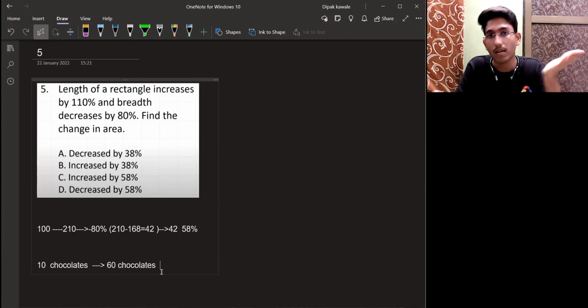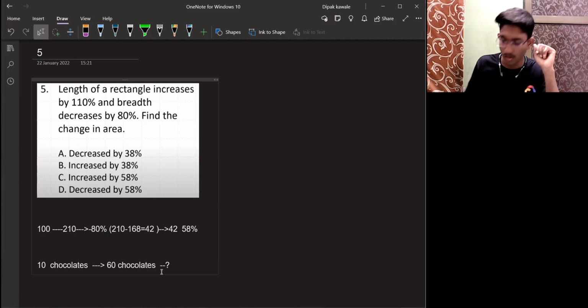Instead of doing that multiplication of 80, can we do only multiplication of 20, which will be easier? What is our 10% of 60? 6. 20% of 60 is 12. That means we are having only 12 chocolates.